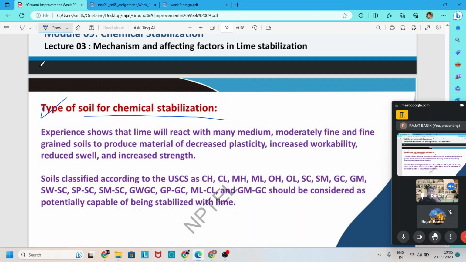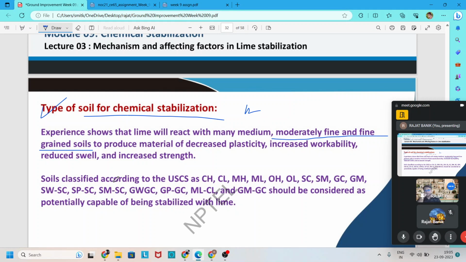So the soil particles should be moderately fine to fine-grained to be stabilized by lime.